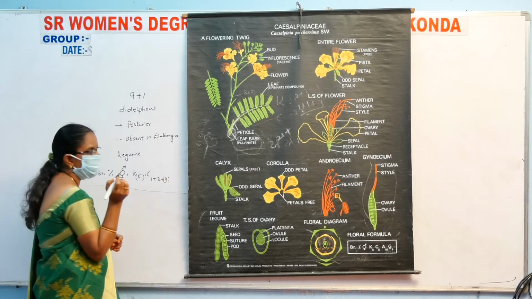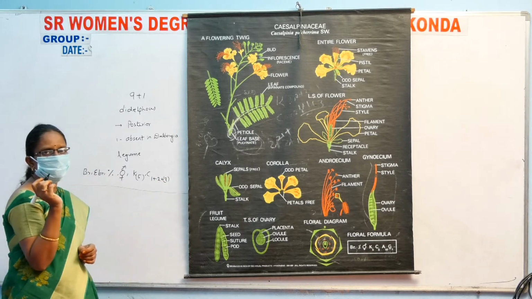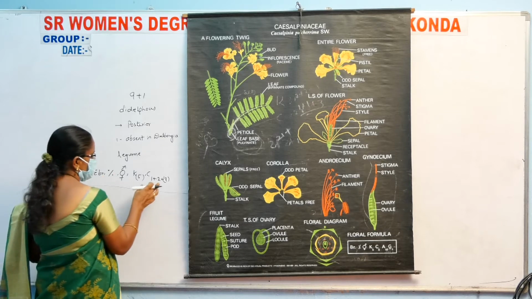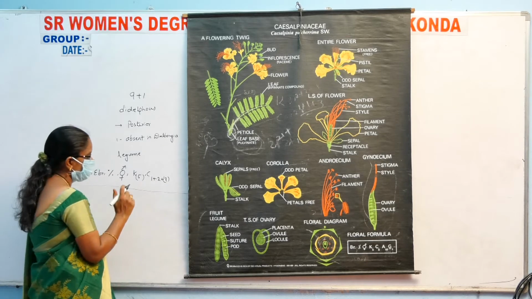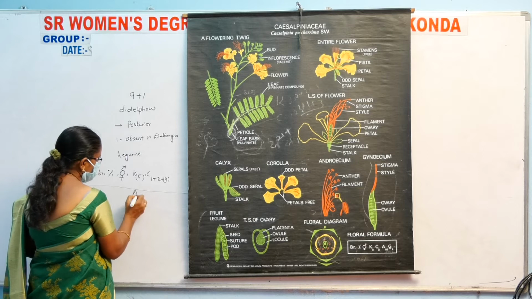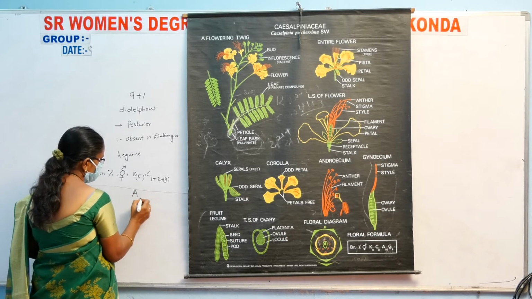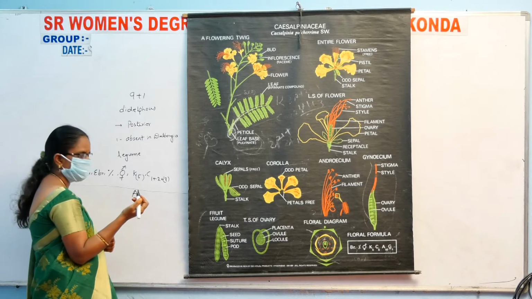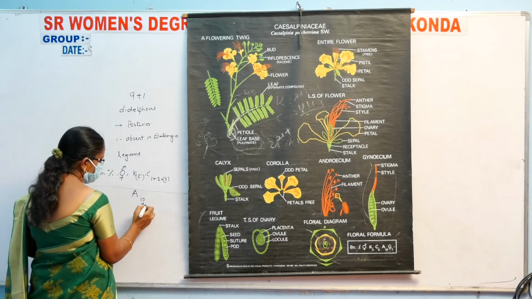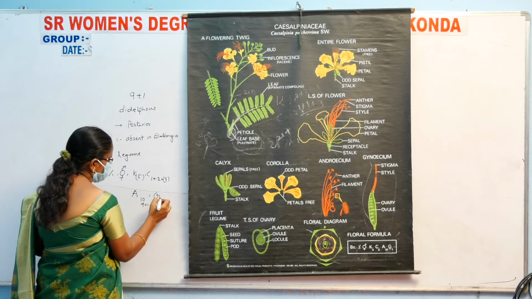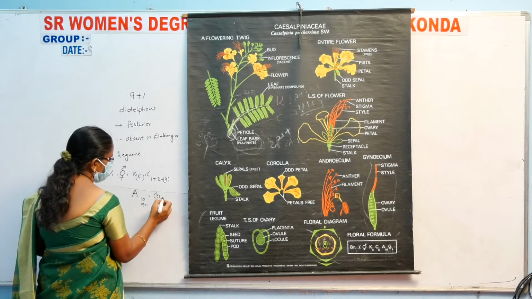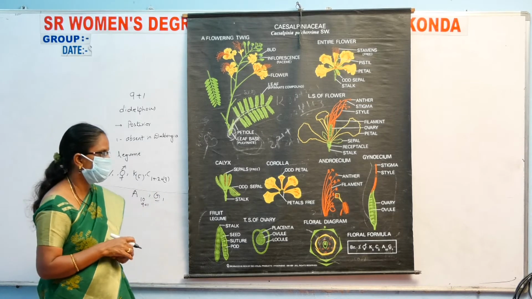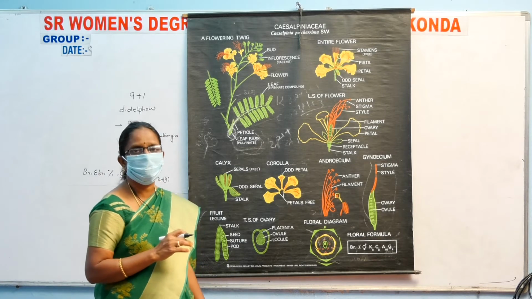These two petals are fused: the posterior side petals, and the anterior side two petals are fused. A10, or you can write 9+1 arrangement, and the gynoecium is only one carpel.